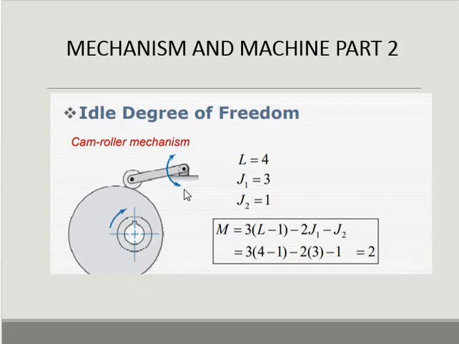The first is swinging of the link, and the second is spinning of the roller. The roller degree of freedom is undesirable because its function is to prevent the cam from wearing due to the friction.